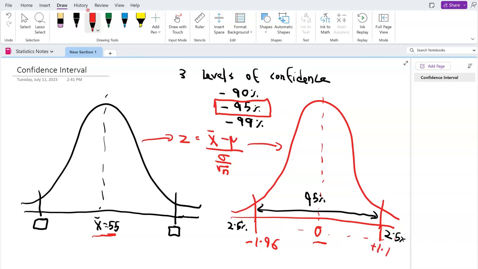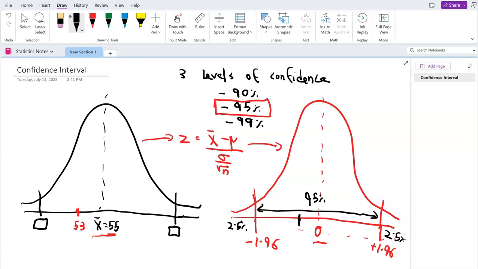this upper bound is positive 1.96. So if this is my range, now if I want to find where mu is in this whole thing, let's say mu was very close to the sample mean, let's say it was at 53, then the population mean would be right here.